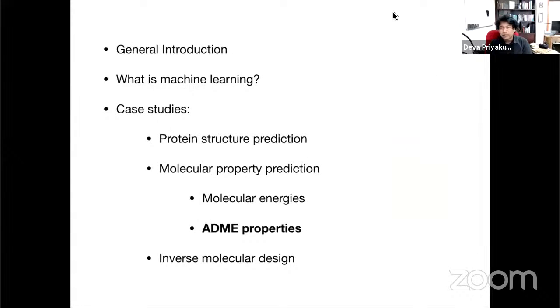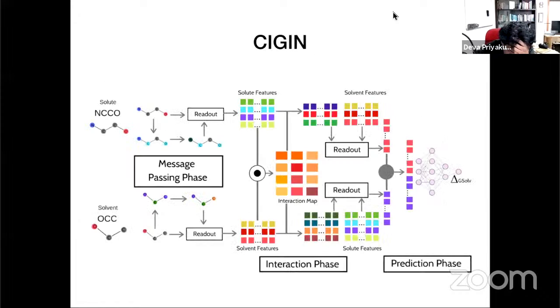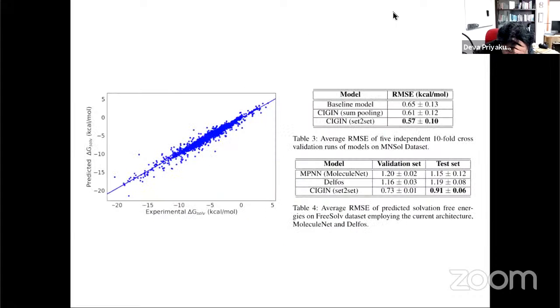Okay, so that's another example of how one can use machine learning to do property prediction. I will not go into the details. We also have other examples where, for example, we predict free energy of solvation, which is useful for calculating some pharmacokinetic properties.